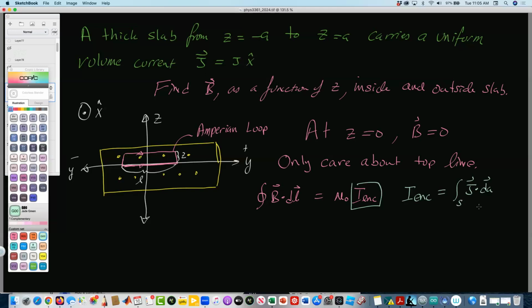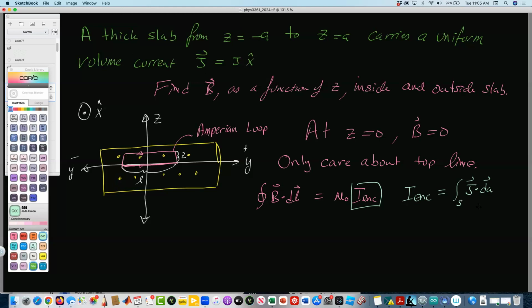So what do you think dA is in this case? We're in Cartesian coordinates. What's changing as we go along the top part of the loop?